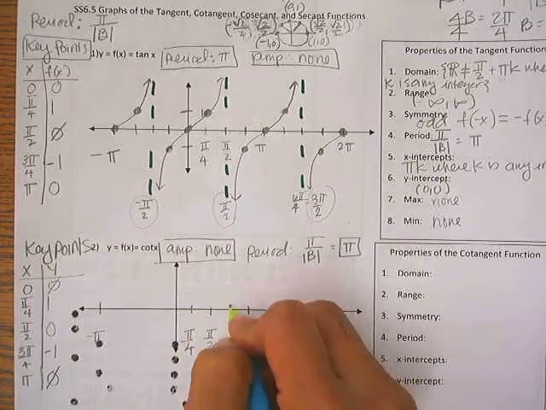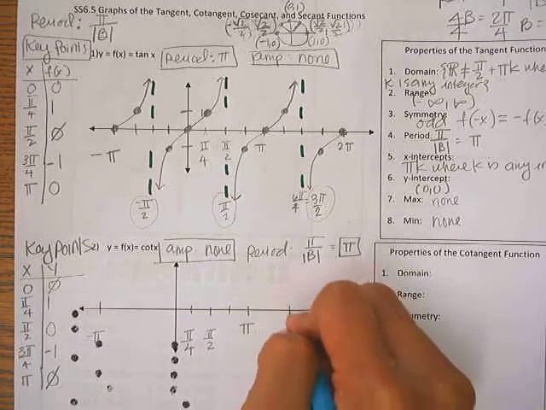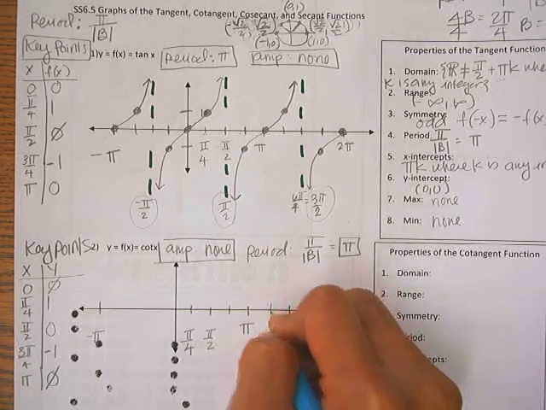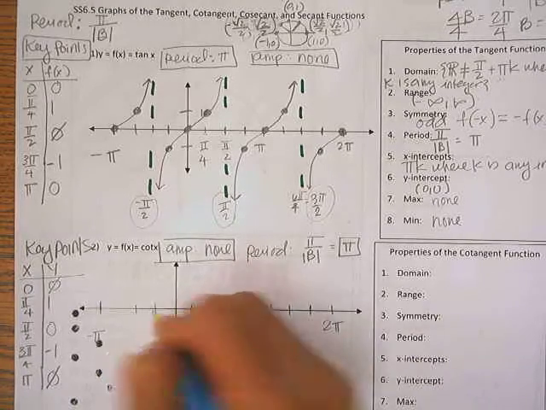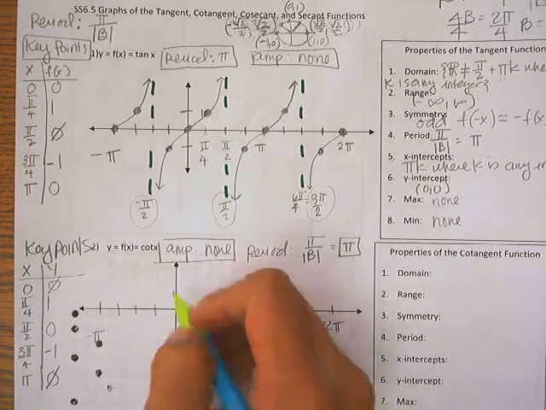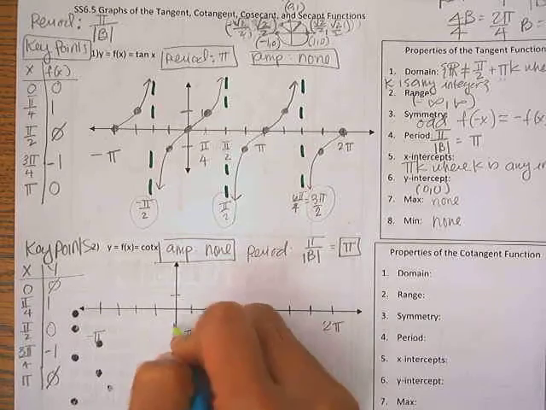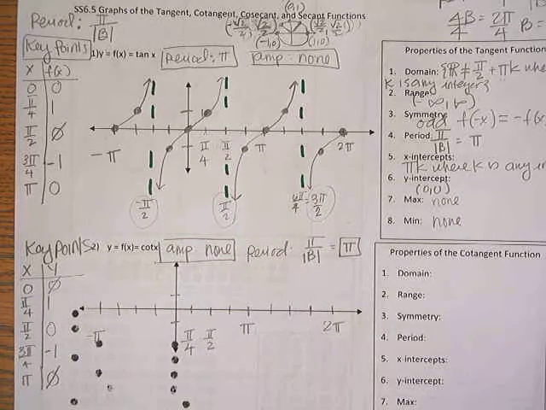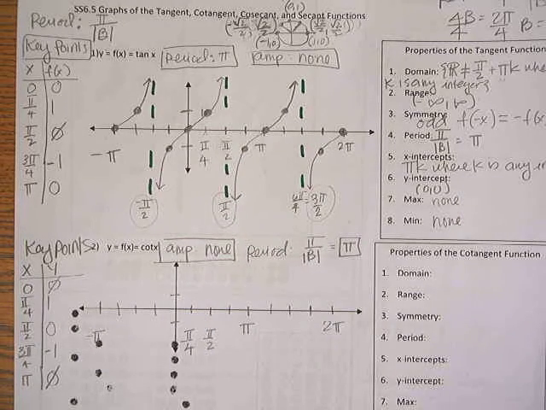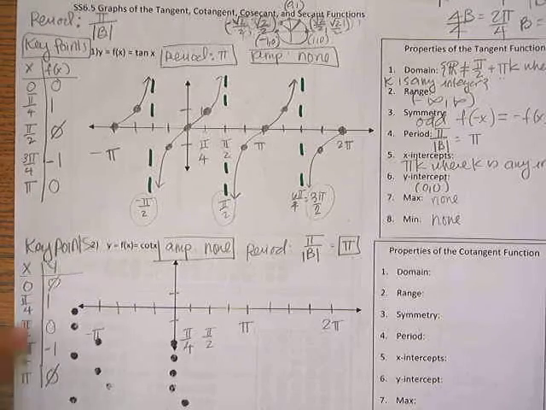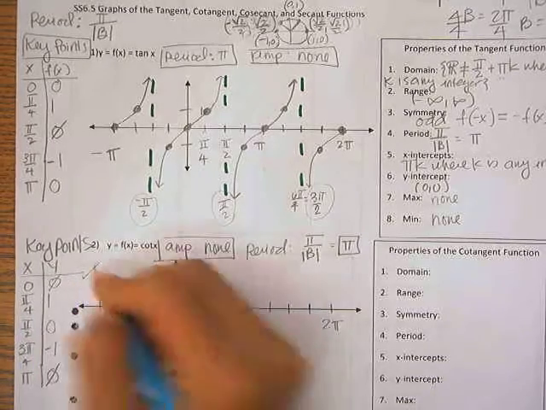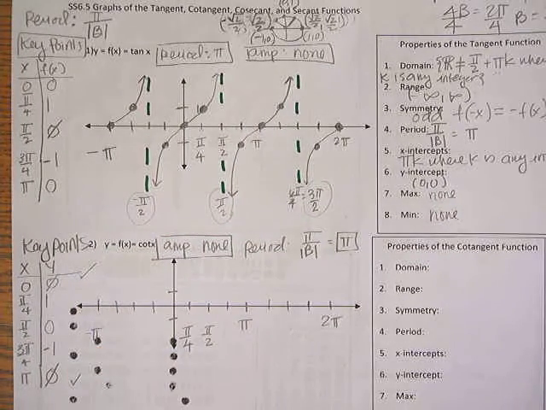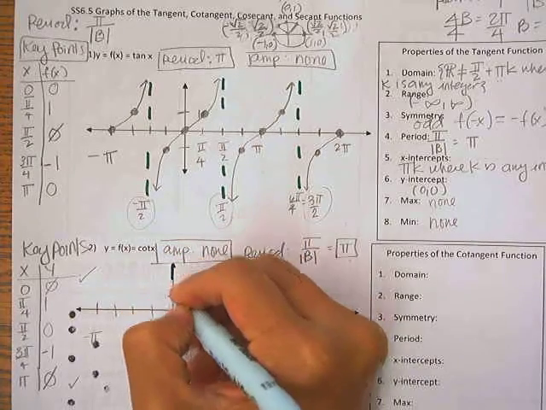Break every single period into 4 equal intervals. I'm going to go as high up as 1, as low as negative 1. Then I'm going to put in asymptotes for all of the places where y is undefined, which is when x is 0 and when x is pi over 2. So 0's right here.